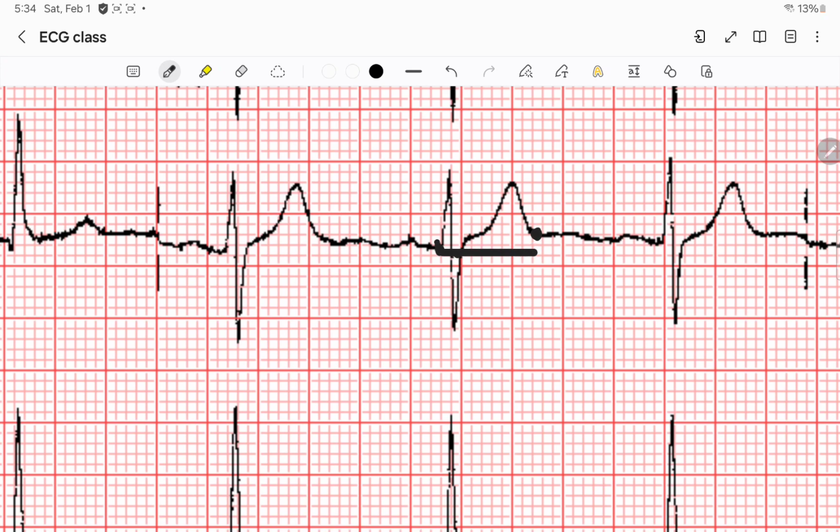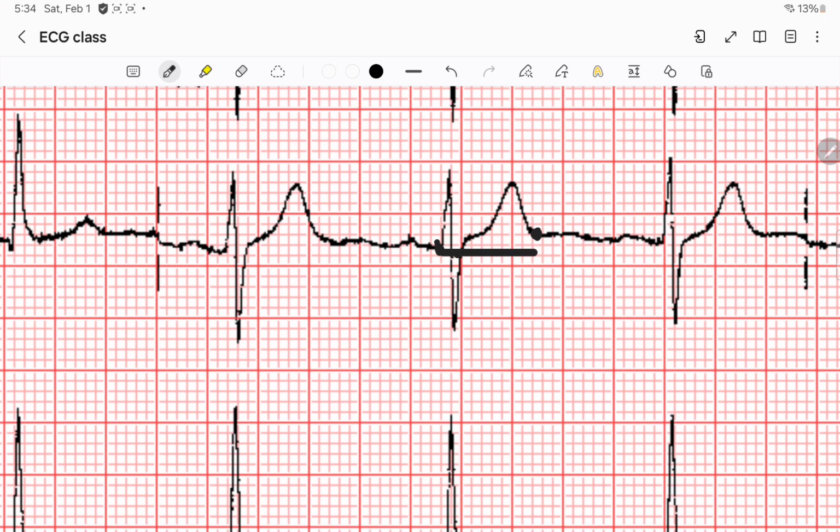So let's just check that out. One of these is 0.04, 0.04, right? 0.08, 0.12, 0.16, 0.20, 0.24, 0.28, 0.32, 0.36, and then maybe a half, 0.38.